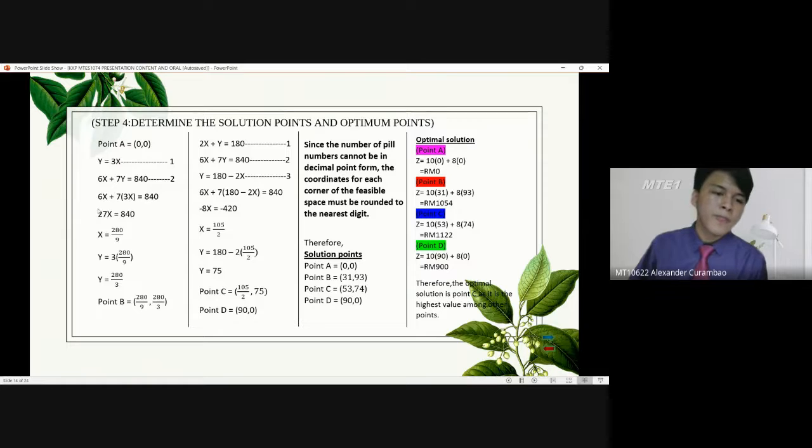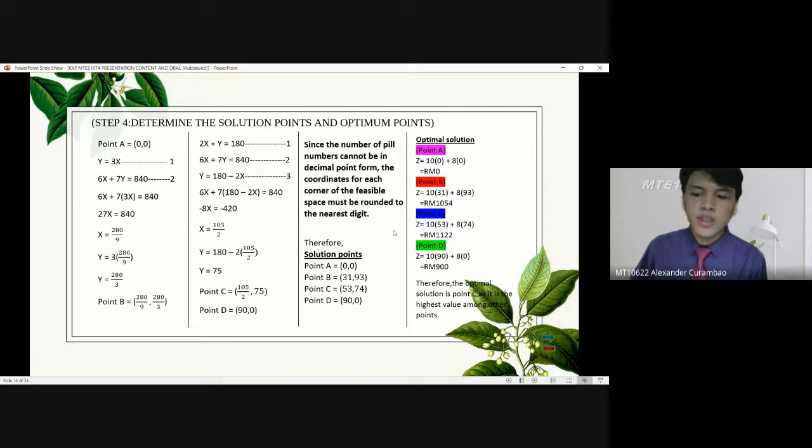If we divide both sides by 27, the left side will be x only, and the right side is 280 per 9. If we want to find y, we can simply substitute the x into the first equation. So here the answer is 280 per 3. So the exact value of point B is 280 per 9 for x, and 280 per 3 for y. The third one is the point C.